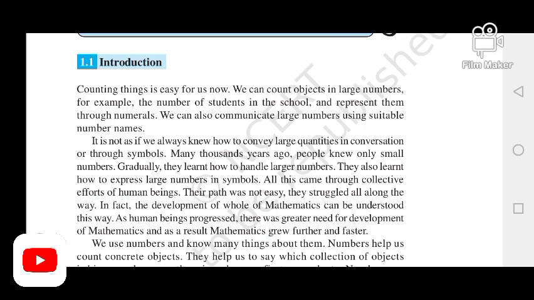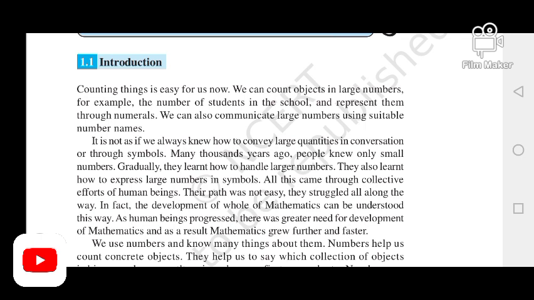So in the introduction, what is there? Counting things is easy for us now. We can count objects in large numbers, for example, the number of students in the school, and represent them through numerals. We can also communicate large numbers using suitable number names. It is not as if we always knew how to convey large quantities in conversation or through symbols.